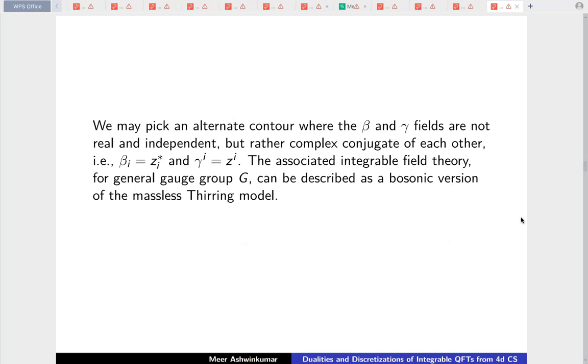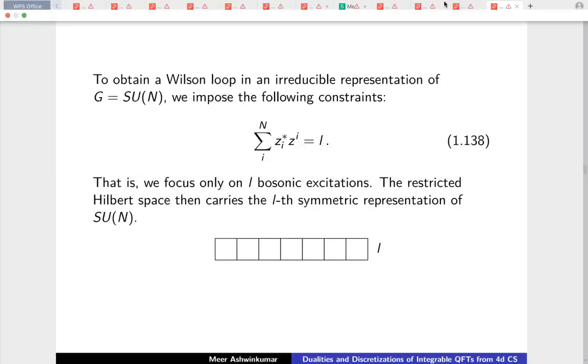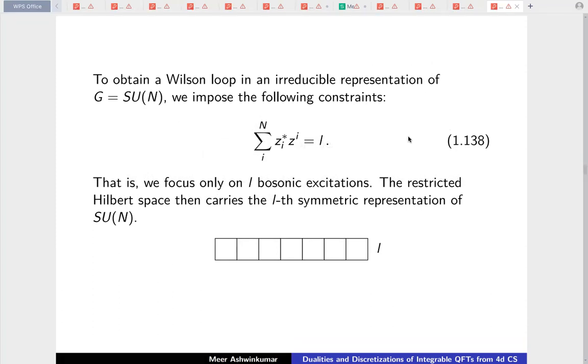And from the perspective of discretization, we know that such surface defects, when discretized, will give us Wilson loops, which are in the direct sum of symmetric representations of, let's say, SU(N), if we are considering gauge group SU(N).